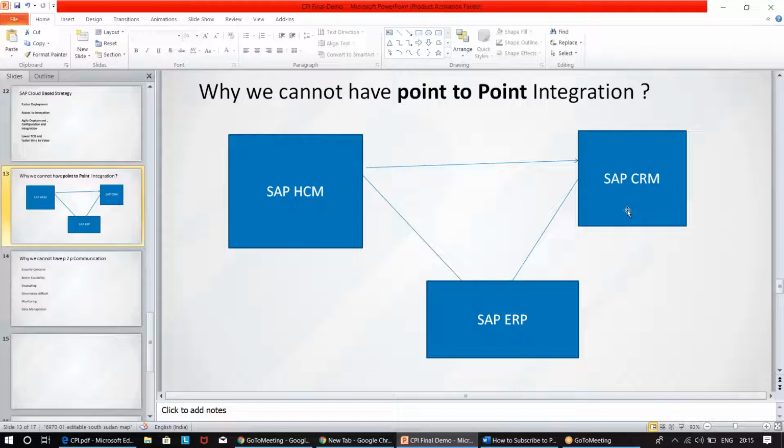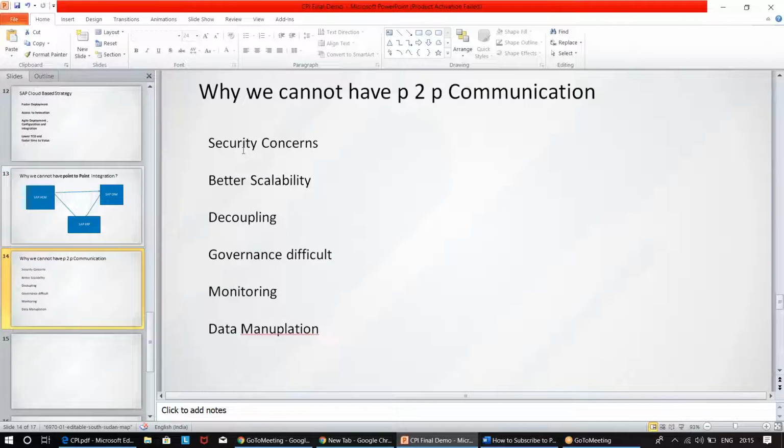One more important thing: we will come across some new words, like point-to-point integration pattern. Whatever word comes up, I'll tell you the gist of it and highlight it. When we have a bigger picture in coming days, it will be very easy to understand. All these points are very critical: security, scalability, and decoupling.